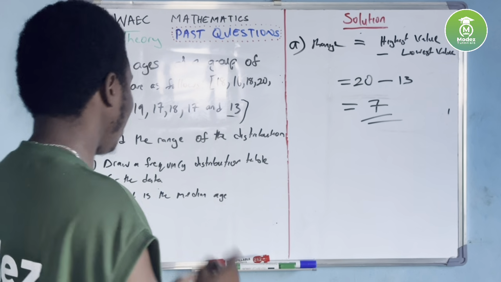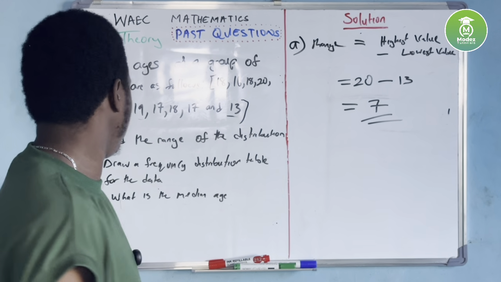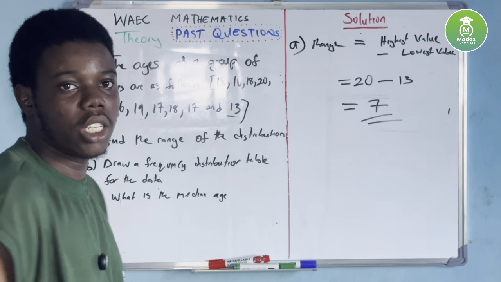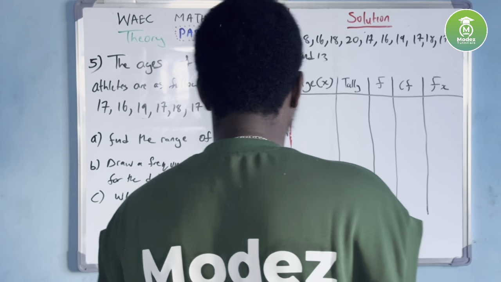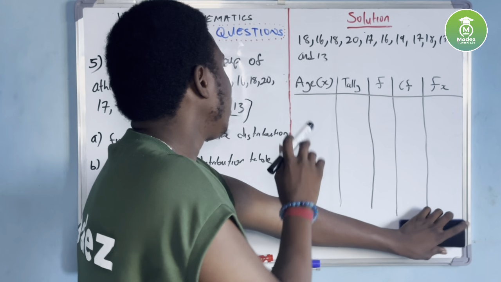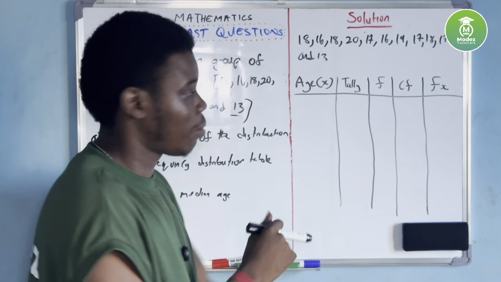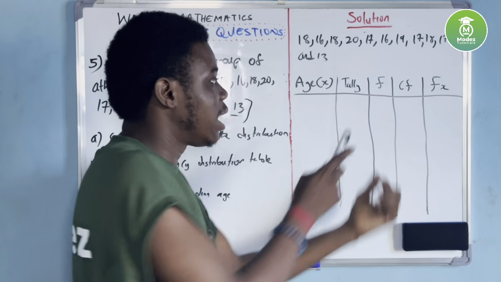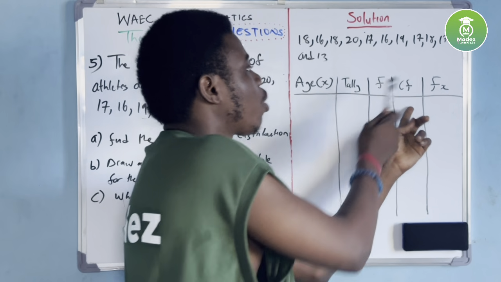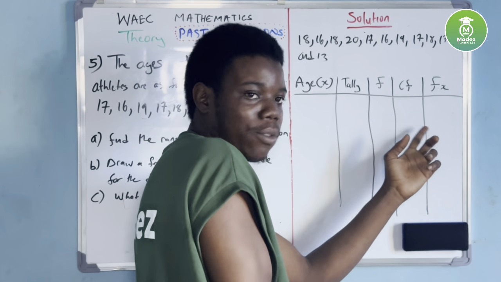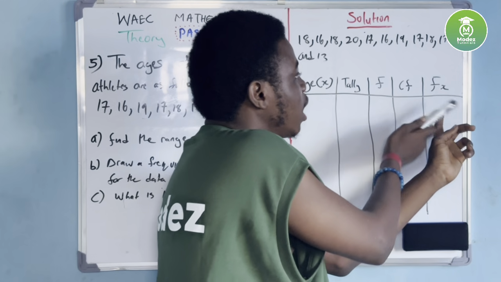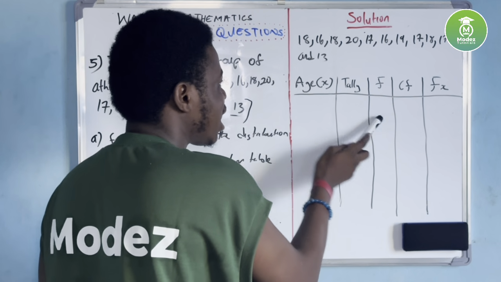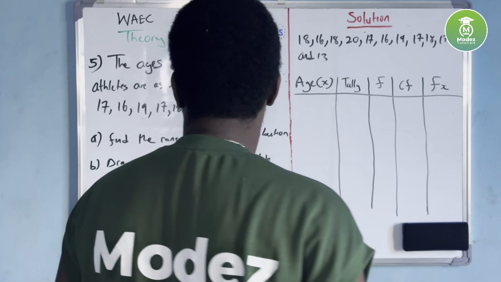Very simple and straightforward. Now, for the frequency distribution table, let's draw that. So I have to erase this. I have to draw it first because it's going to take time. So we have the age, the tally, frequency, cumulative frequency (CF), I'm still going to explain everything, then fx, which is the multiplication of the frequency and the age.